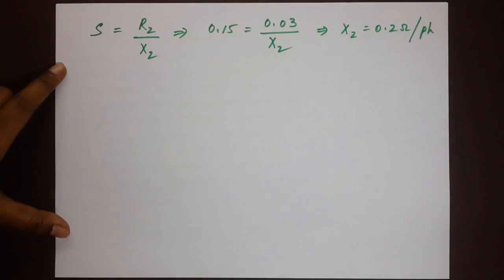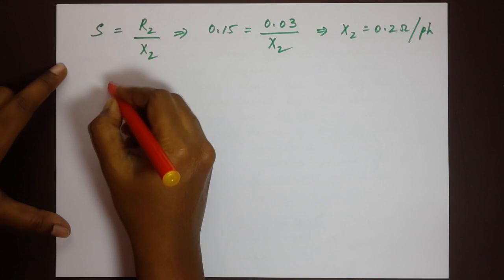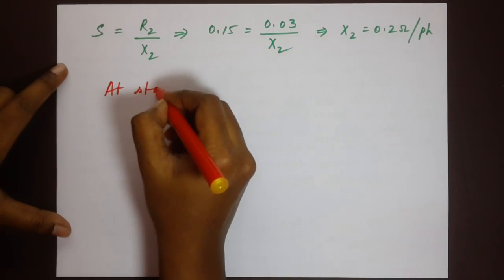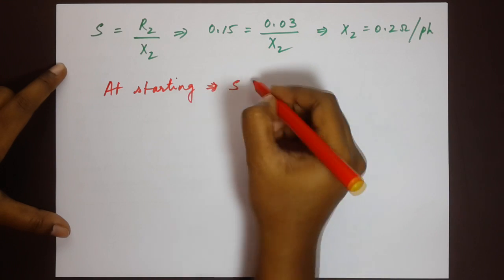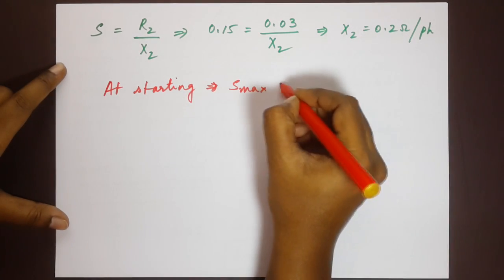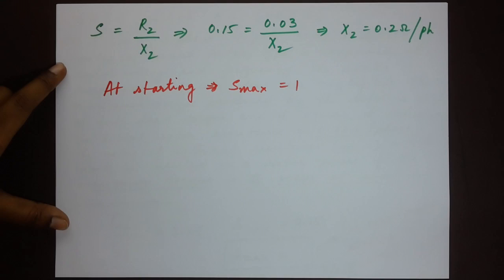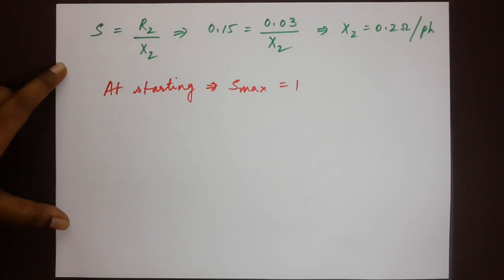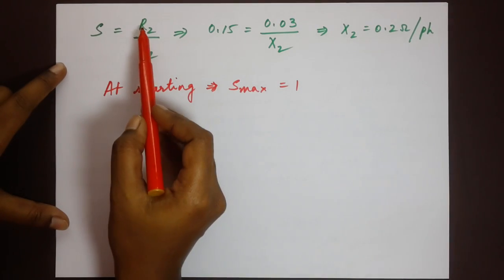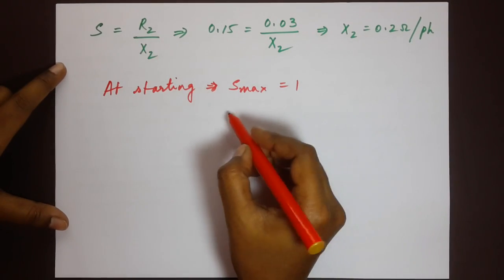Now we go back to the point where it says that we need maximum torque at starting. At starting, we have established the fact that the slip has to be at 100%. So S max is equal to 1. We need an external resistance added. So here the external resistance will be added to the rotor resistance.